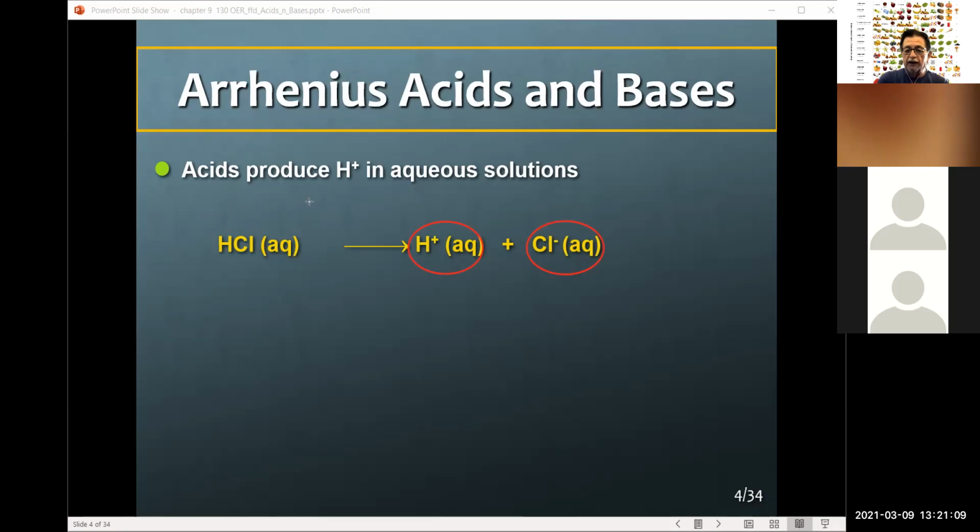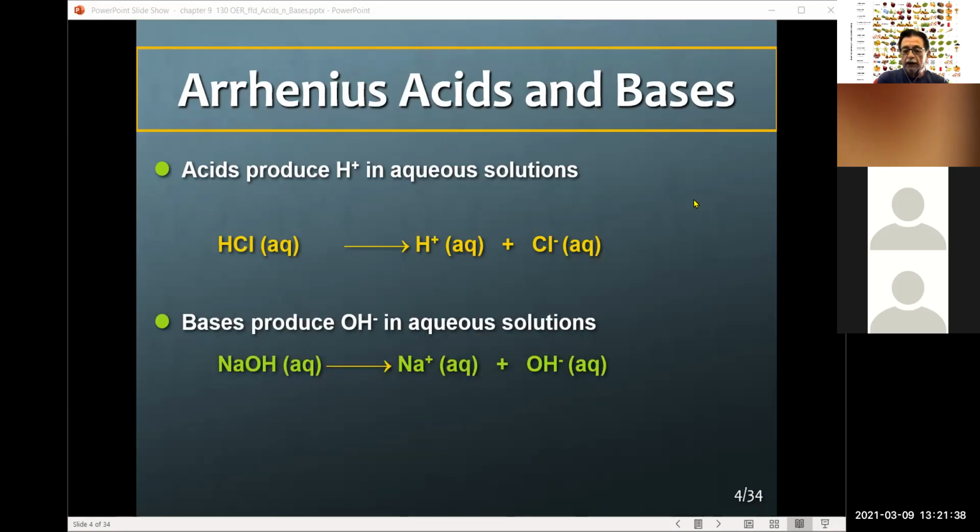So any acid that produces a proton in an aqueous solution is, by Arrhenius definition, an acid. We're going to have a different definition here. We have two definitions that will encompass a lot more chemicals that can be defined as an acid or base. But the original definition was anything that produces a proton.